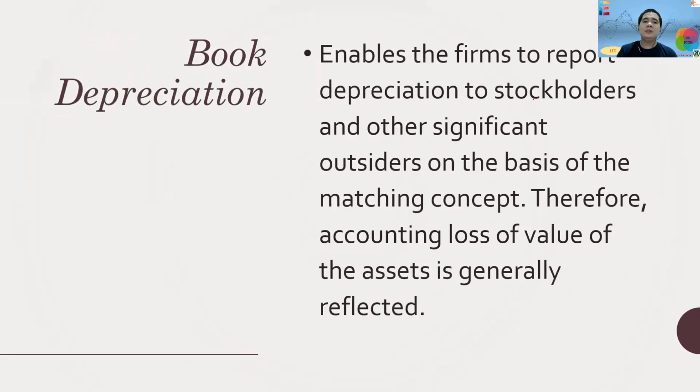The book depreciation method enables firms to report depreciation to stockholders and other significant outsiders on the basis of the matching concept. Therefore, the accounting loss of value of the assets is generally reflected.